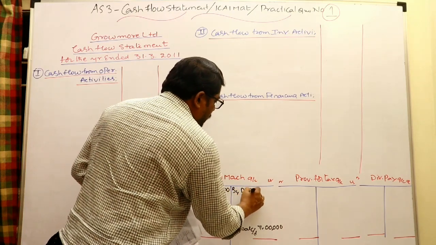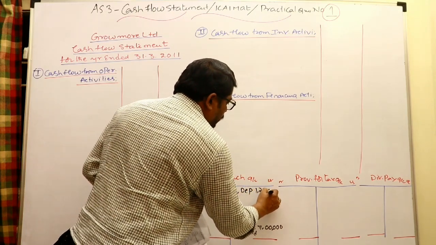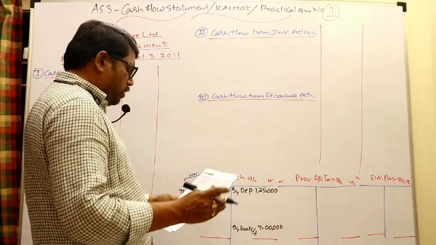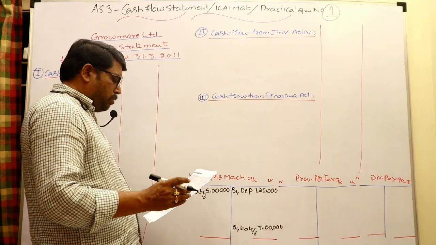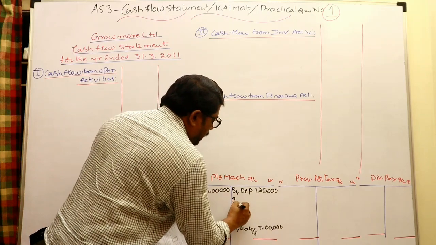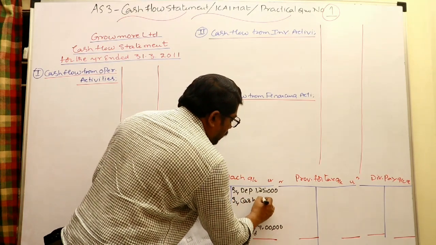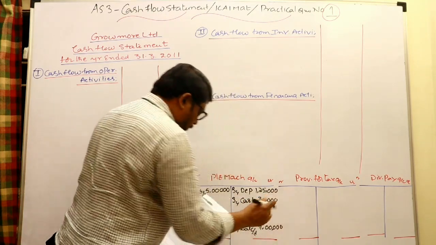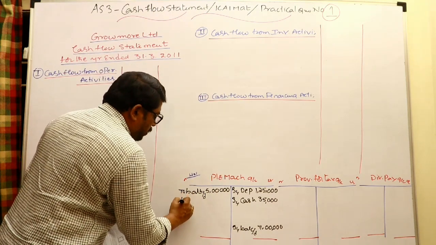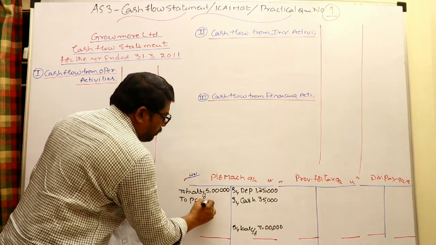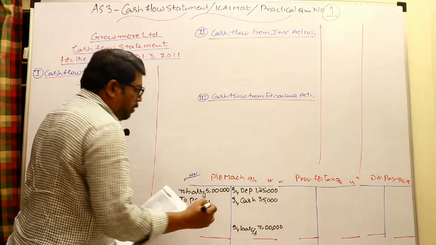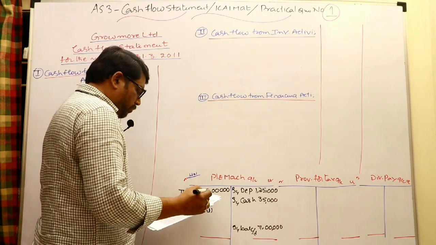It is given that an asset with written down value 20,000 at the end of year was sold at 35,000. For the sale entry, cash to asset, and the asset by cash or bank 35,000. And there is a profit of 10,000, for which the entry is asset to P&L account, within profit, that is 15,000.